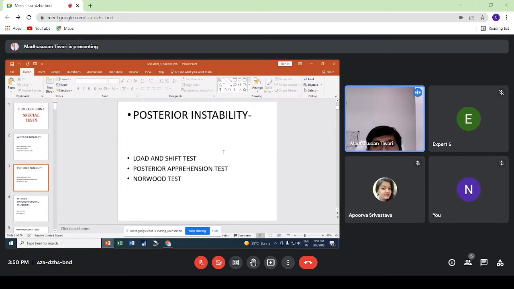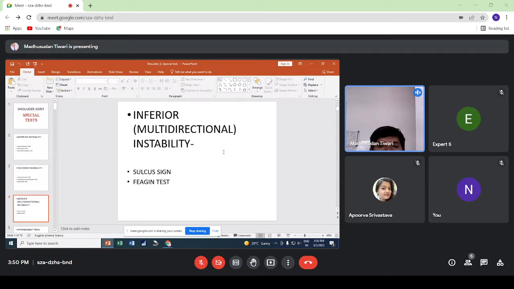This will be covered by the load and shift test, posterior apprehension test, and Norwood test. Third is inferior instability, which we'll cover by the sulcus sign and the Gagey test.